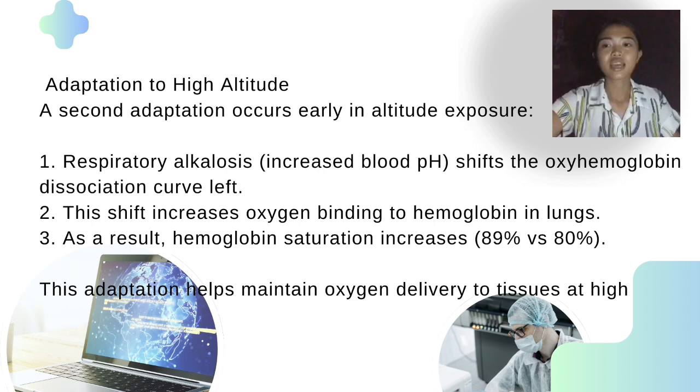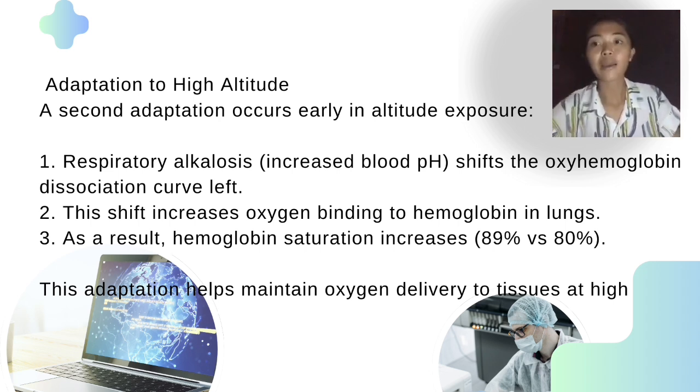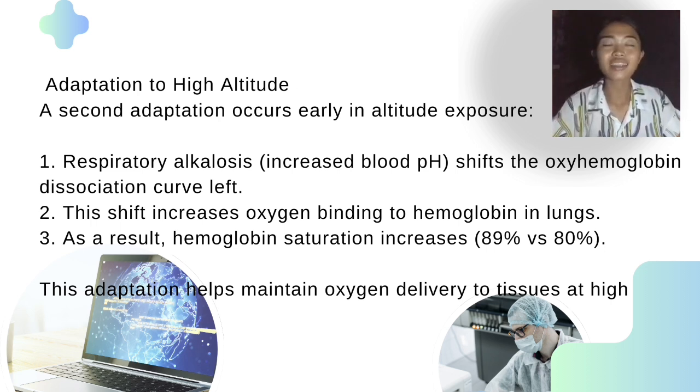The next is adaptations to high altitude. A second adaptation occurs early in altitude exposure, which is first respiratory alkalosis. Respiratory alkalosis increases blood pH. Increased pH shifts the oxyhemoglobin dissociation curve left.